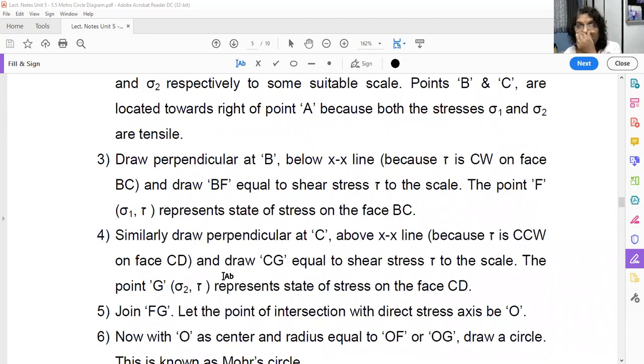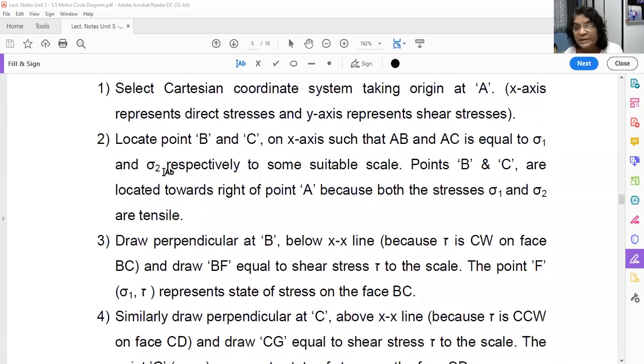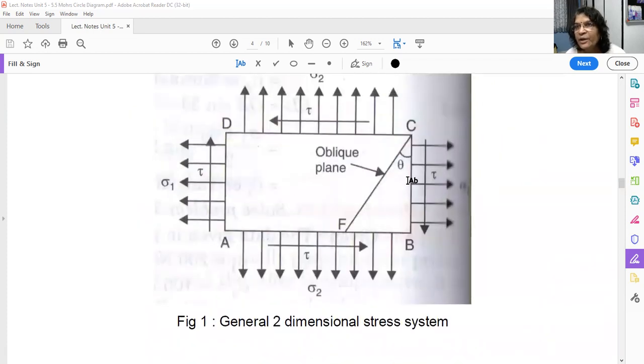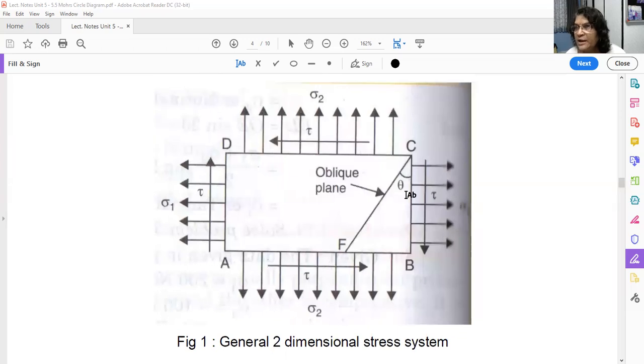Then the second step: locate points B and C on the x-axis such that AB and AC are equal to sigma 1 and sigma 2 respectively, to some suitable scale. Points B and C are towards the right of A because both are tensile stresses. See here, this is your sigma 1 stress, and this is sigma 2, both are tensile.